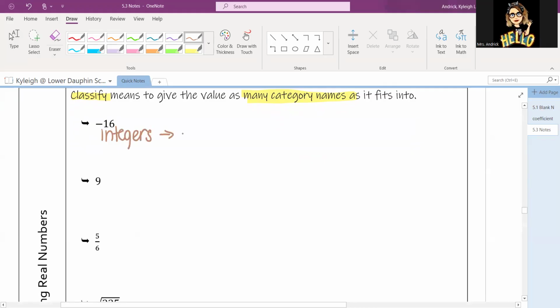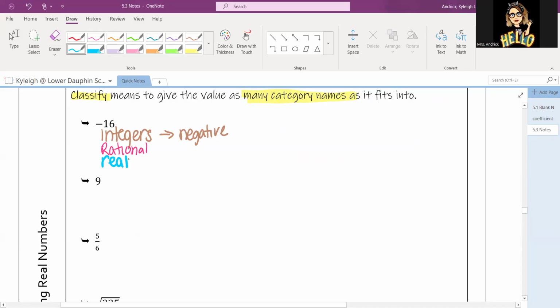If it's an integer, that means it's rational. And if it's rational, that means it's real. So it's an integer because it's a negative number, it's rational because it filters up, and it's real.